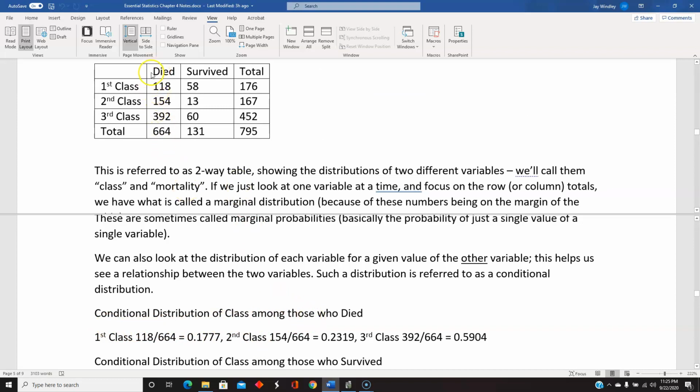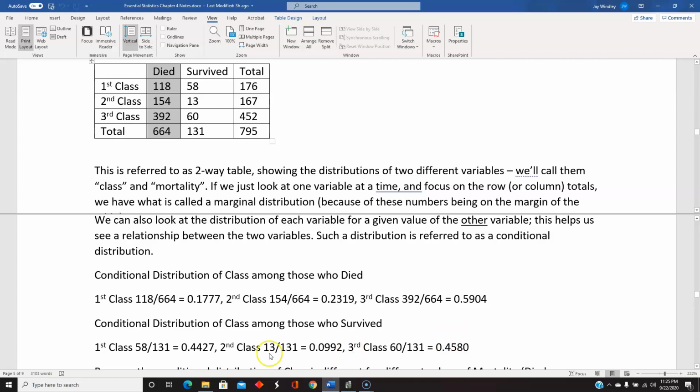So just looking at this column here of people who died, you've got 118 out of those 664 who died that were in first class. So among those who died, 18% were in first class, 23% were in second class, and 59% were in third class. And you can also look at the conditional distribution of class among those who survived. 44% of those who survived were in first class, 9 or 10% of those who survived were in second class, 45 or 46% of those who survived were in third class.